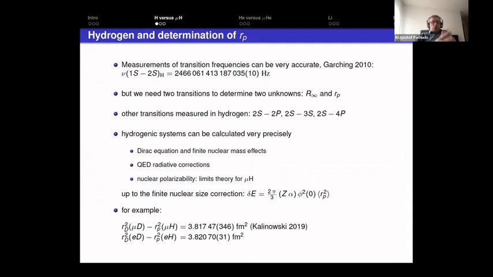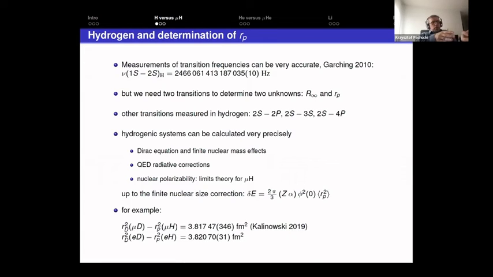This is a very strong test that we very well understand the electronic structure theory and also the nuclear polarizability, because in muonic deuterium the nuclear polarizability is very large. The fact that we obtain the same charge radius, meaning the square of the charge radius difference, is notable because it is a completely different, maybe not different physics, but different orders of magnitude. This agreement indicates that we well understand this nuclear structure contribution, at least in muonic deuterium.